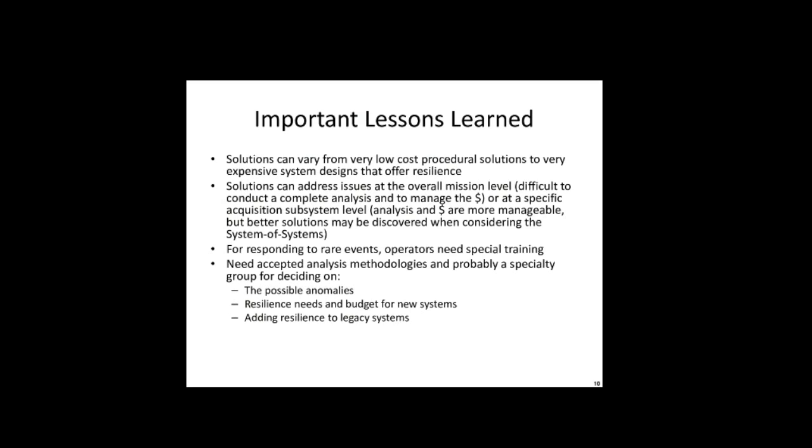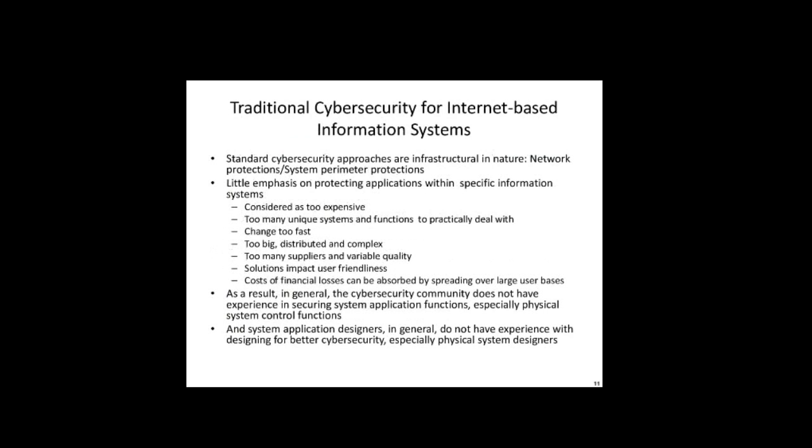What are these anomalies that attackers can create and will want to create? And which ones do I want to consider as more likely than less likely, and more damaging than less damaging, and deal with them? And then what do I do about my legacy systems? So you have all of those to deal with if you're going to address this problem. So that provides a context for, okay, we're in the resilience business. We better be ready to talk about those things.